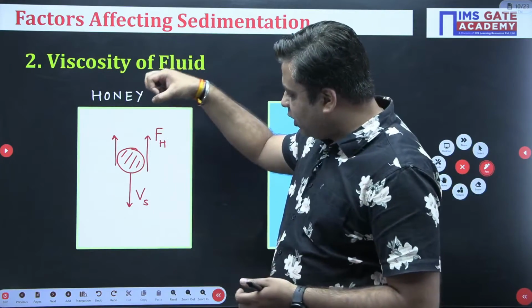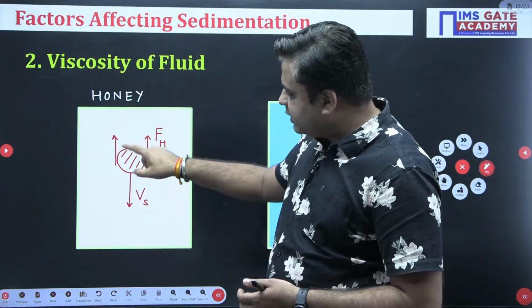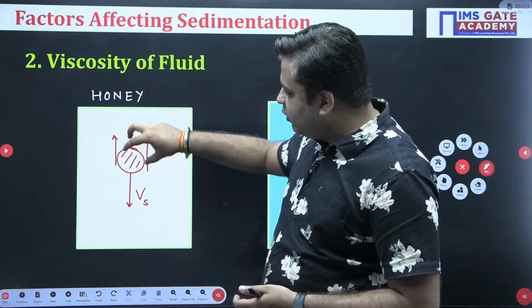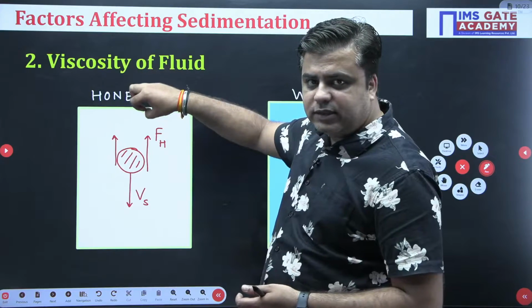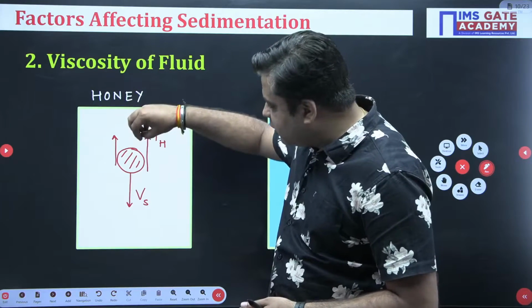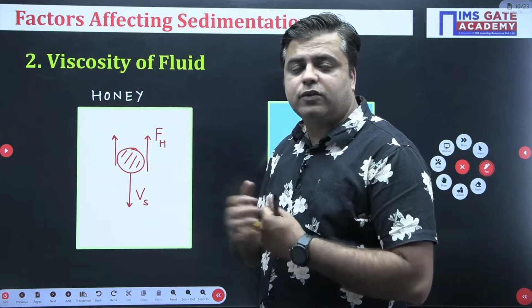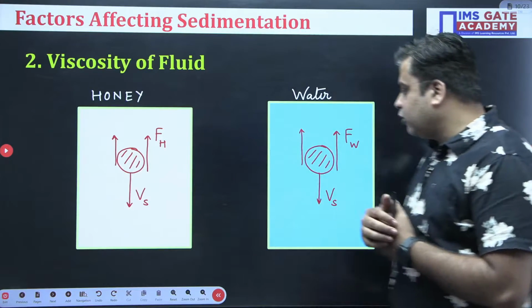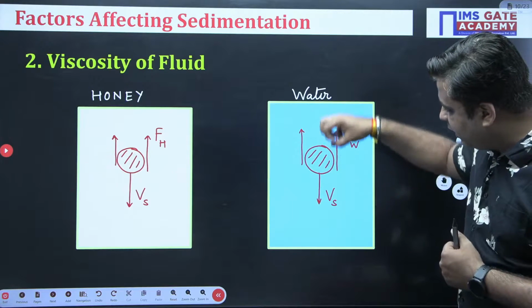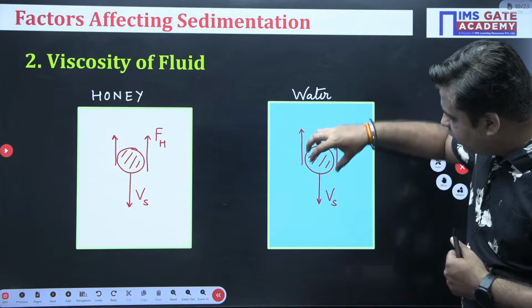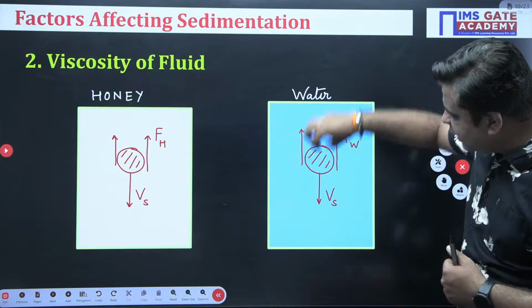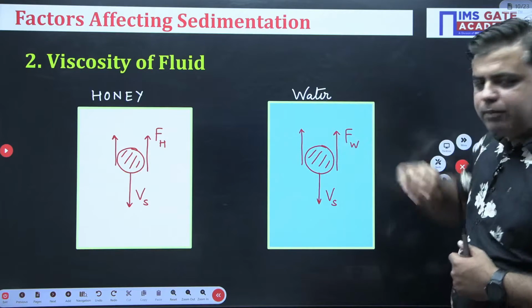So when the solid is settling in honey, honey will apply frictional resistance and will not allow this solid to settle down, right? That is how the thought process of honey goes. And the thought process of water goes the same way. When this solid is settling down, water will apply frictional resistance and will try to pull up this solid.